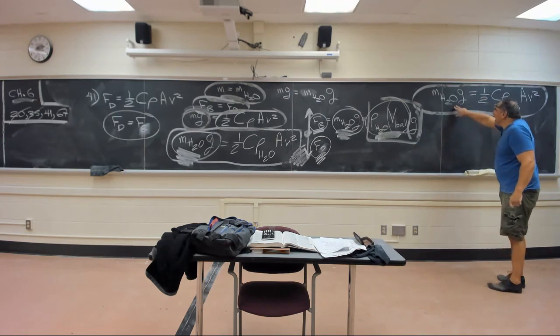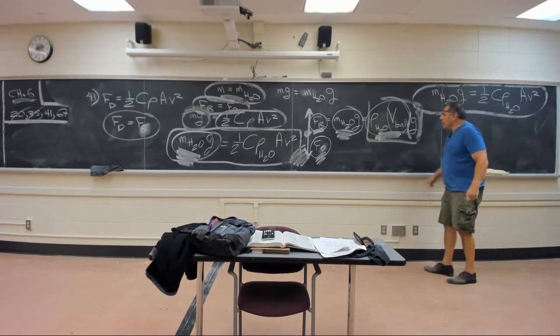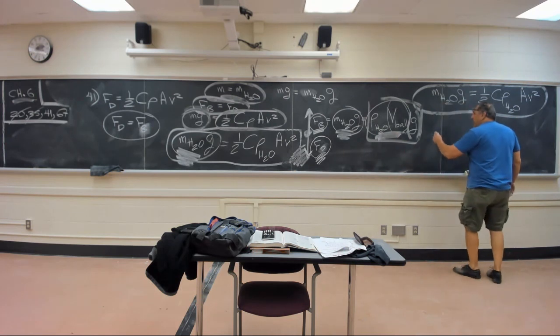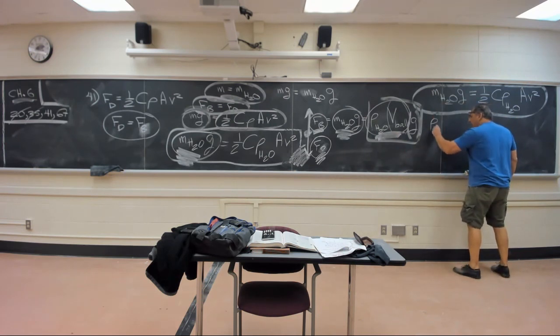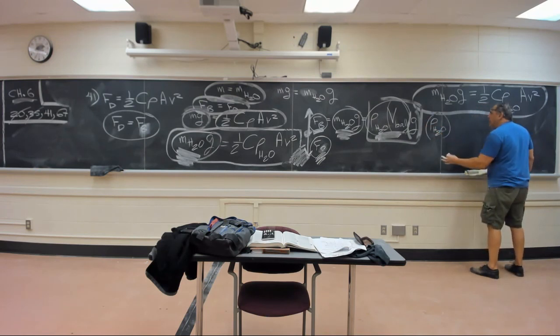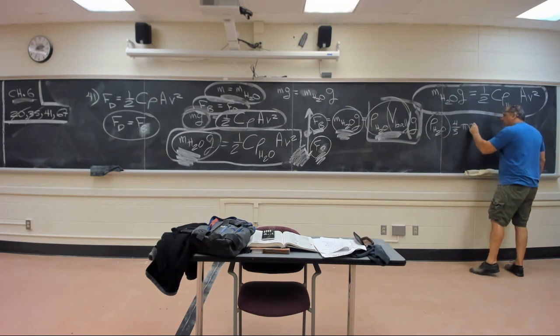So this guy right here, what is that? Well, it's rho H2O times the volume of the ball. The volume of the ball is 4/3 pi r cubed.